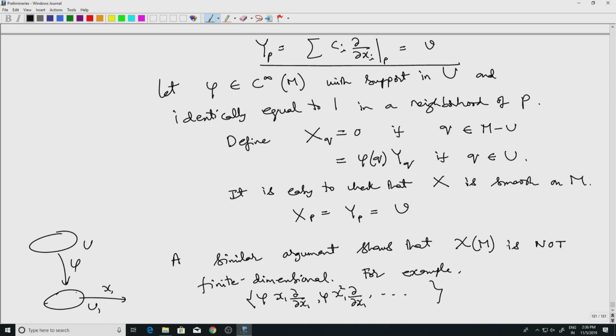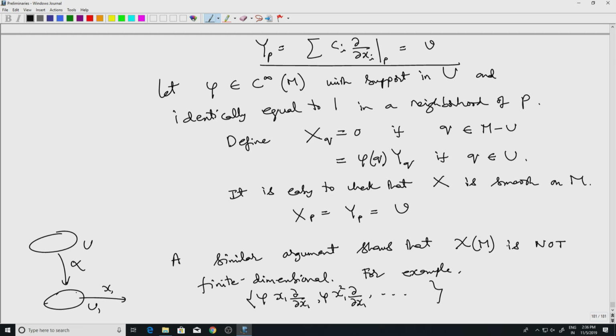In other words, look at the first coordinate function of, so this phi should not be confused with the chart map. So let me call the chart as something else. I've already used phi for the cutoff function. So let's call that alpha.